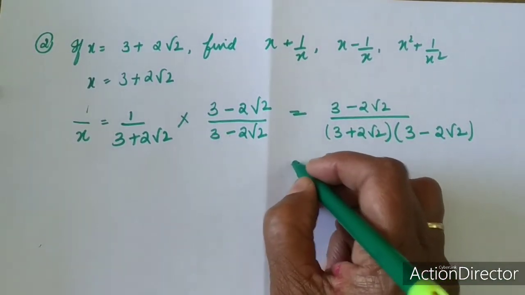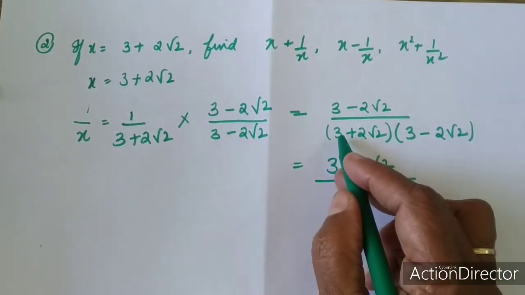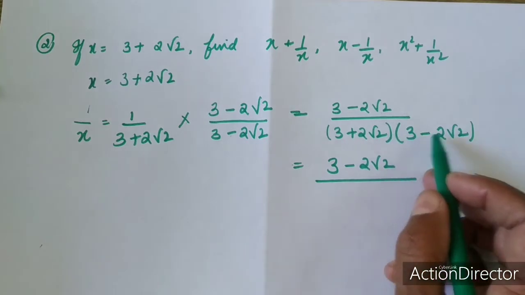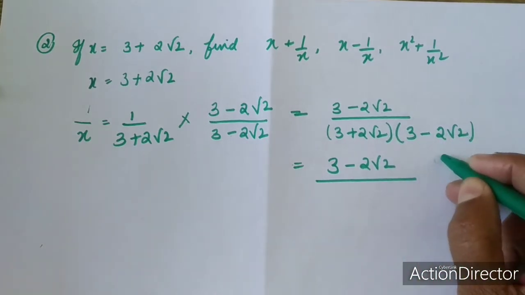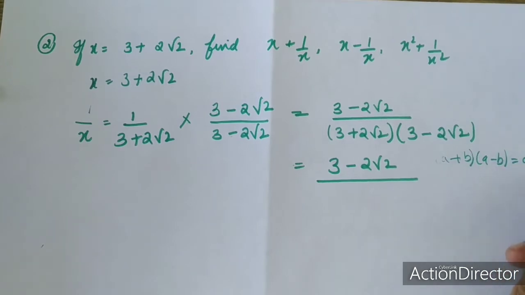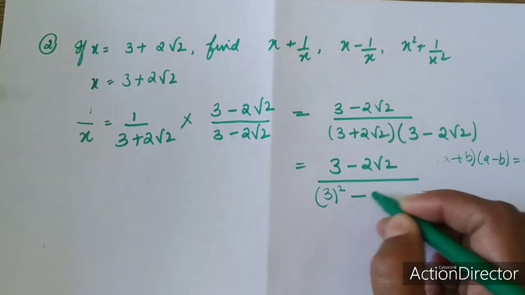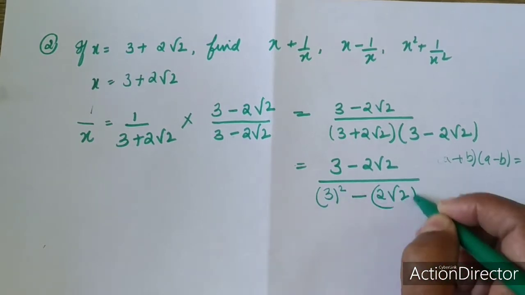So this is a plus b into a minus b, which is equal to a square minus b square. So it is nothing but 3 square minus 2 root 2 whole square.